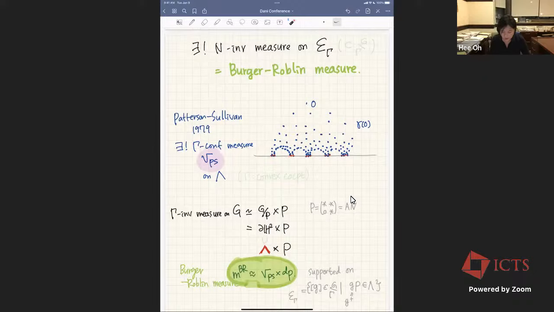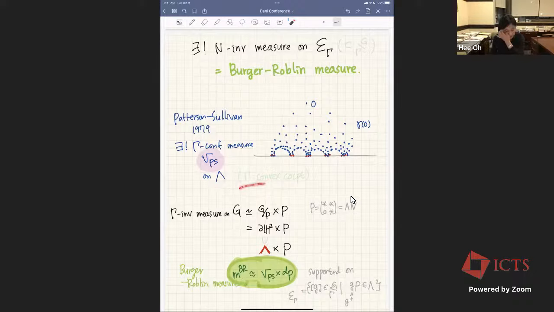In some sense, it is simply the weak limit of some weighted counting measure on the orbit. When gamma is convex co-compact, they showed that this conformal measure on the boundary is unique. Therefore, what they constructed, which is called the Patterson-Sullivan measure, is the only gamma-conformal measure supported on the limit set.